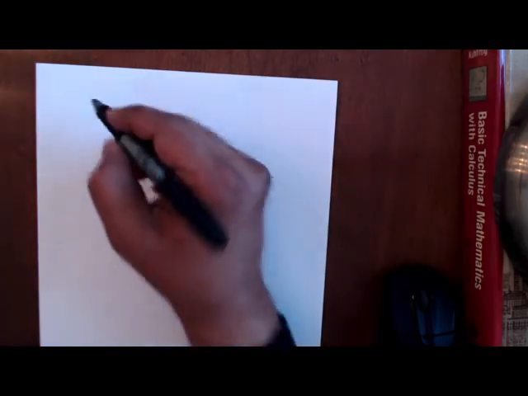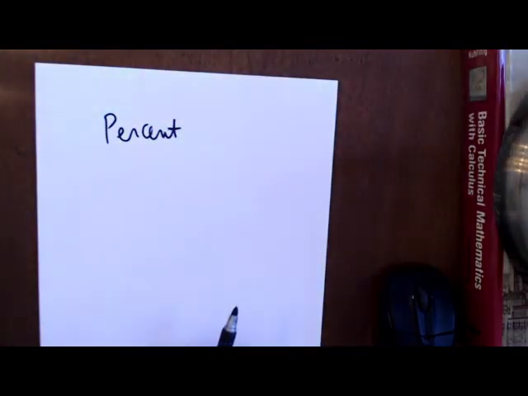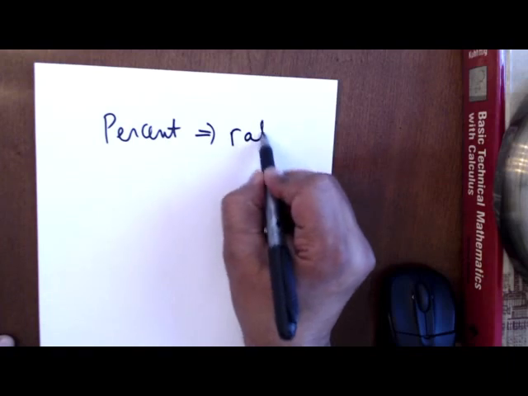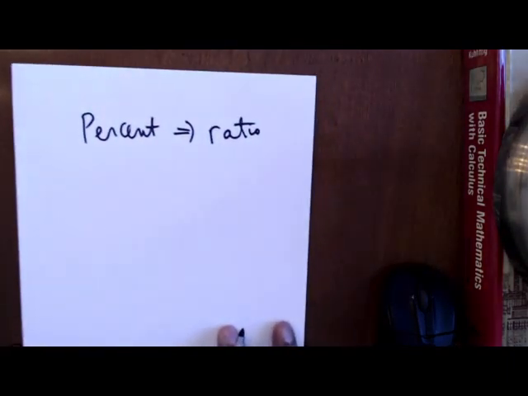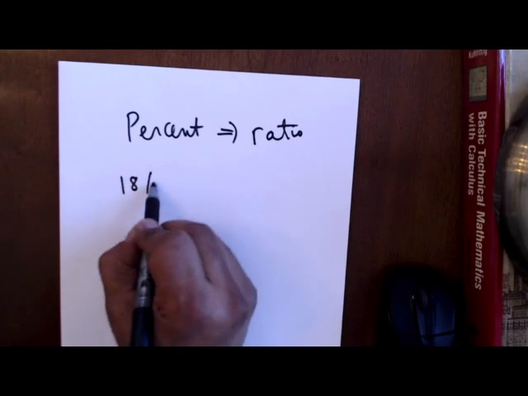And the percent is always given as a ratio, right? This is a ratio. We already covered this material before, so this is like a review. And we know that, for example, we have 18%, right?